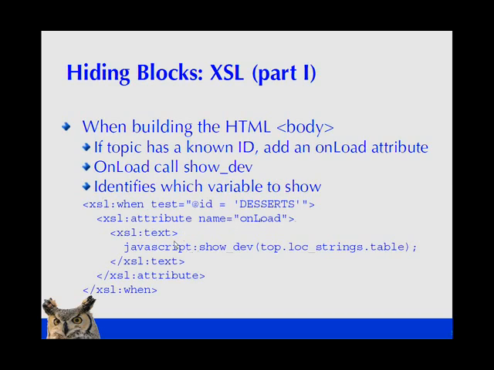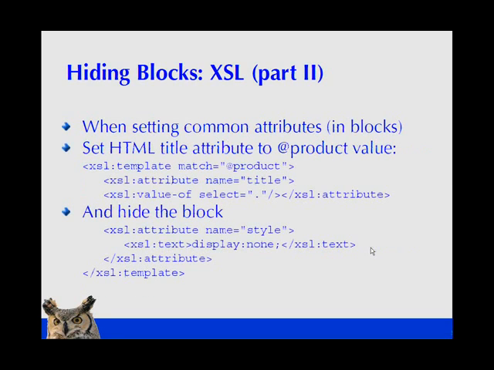And so here we have when the ID is desserts, so here this is an ID we recognize, add the onload attribute, and the value of that onload attribute is going to be JavaScript showDev, and then pass in the name of the table that we want to display, or in this case, set the string so that when the JavaScript gets executed, we actually find this table via the JSON that we've done.